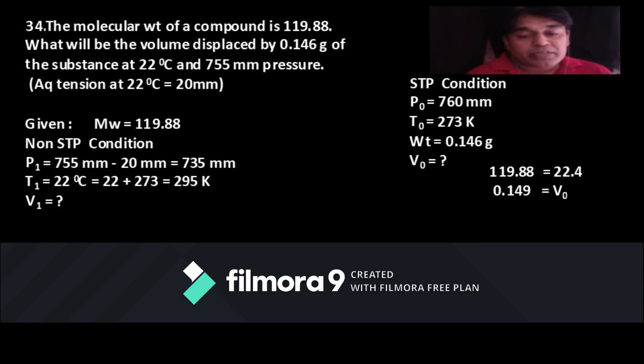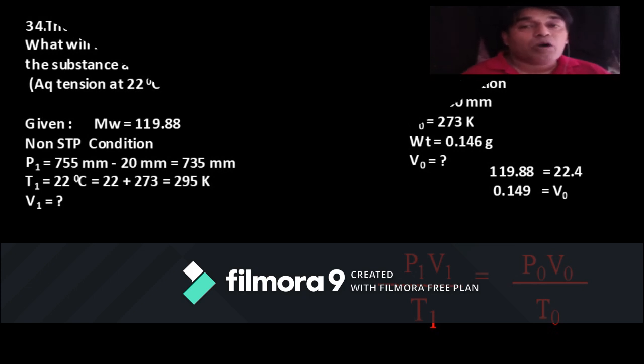Therefore 119.88 equals 22.4 liters and 0.146 equals V0. Therefore V0 is easily solved by cross multiplication. We know all the values of P0, V0, T0, and this can be easily solved by using the simple formula P1 V1 upon T1 equal to P0 V0 upon T0.